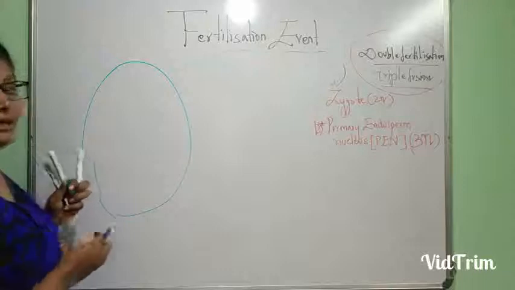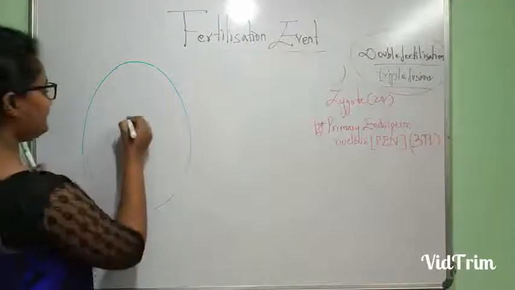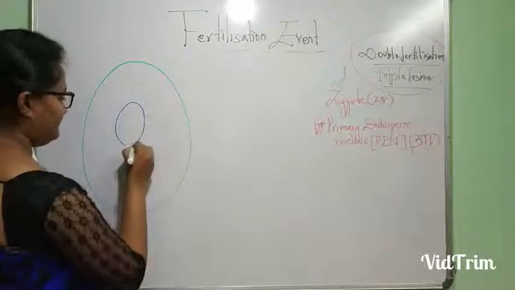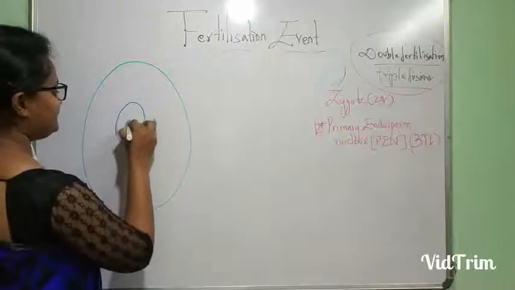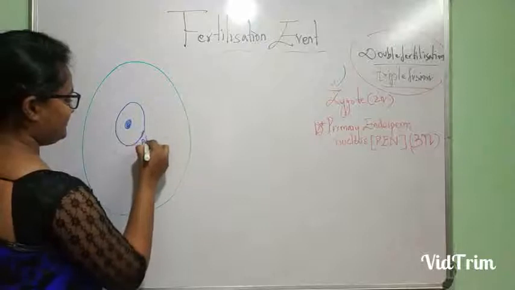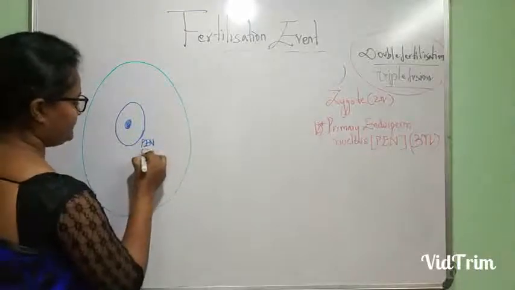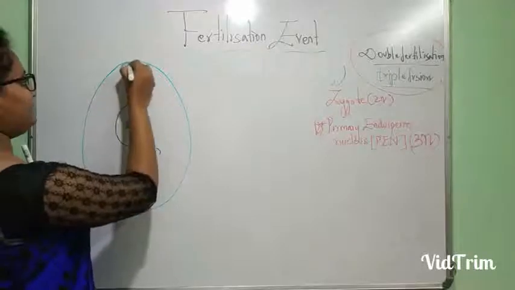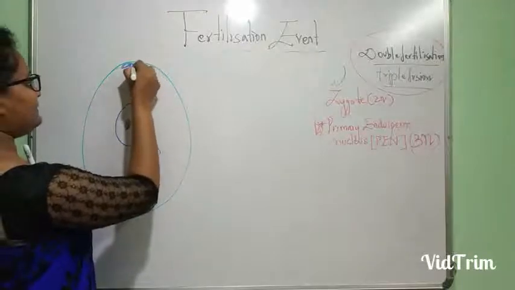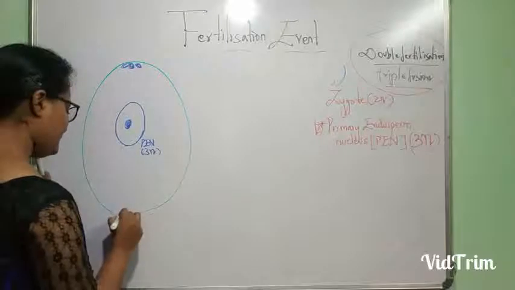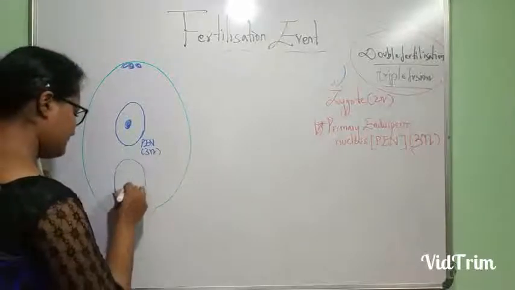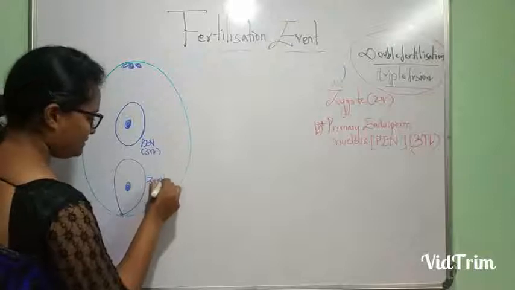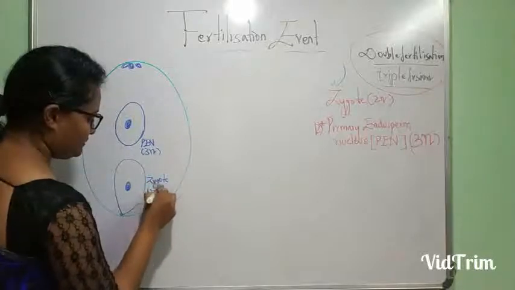Here there is the PEN, which is 3n, and this is the zygote, which is 2n.